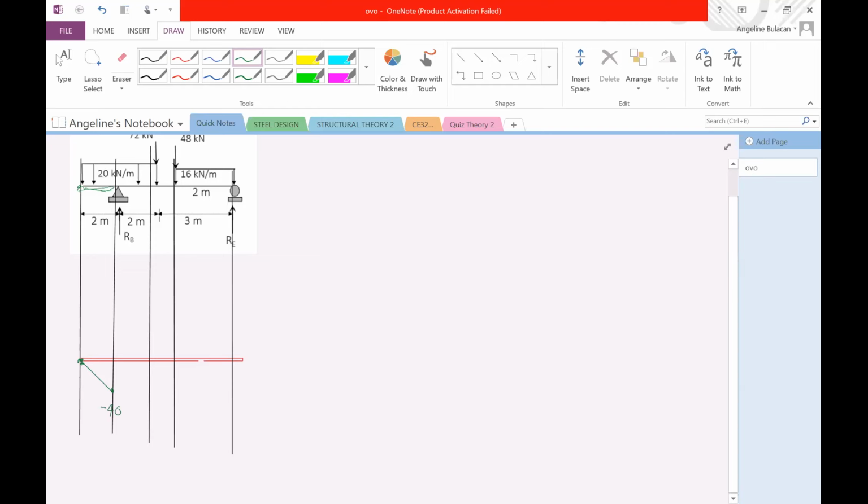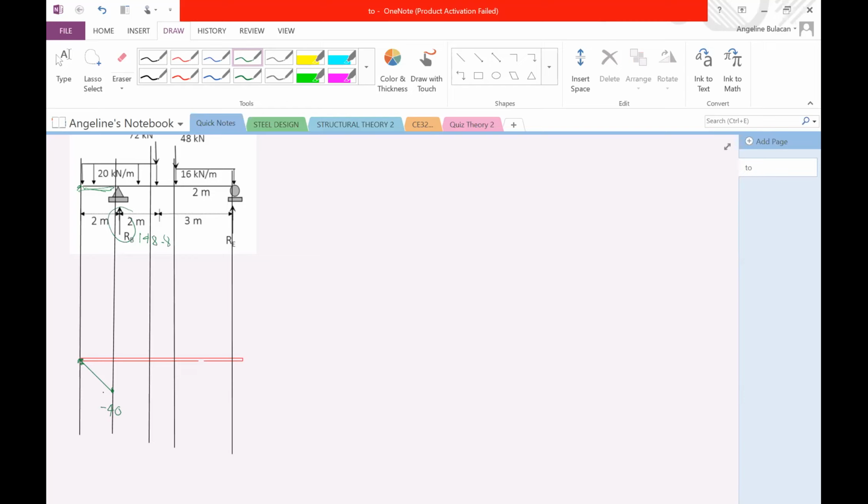Now, pagdating mo dito sa reaction mo sa B, dito sa support mo sa B, nagkaroon ka ng load na vertical. So, yung negative 40 mo, ima-minus mo yung 148.8. Diba? Kasi ito, negative 40. Tapos bigla kang may upward force na 148.8. So, yung negative 40, idadagdag mo siya ng 148.8.